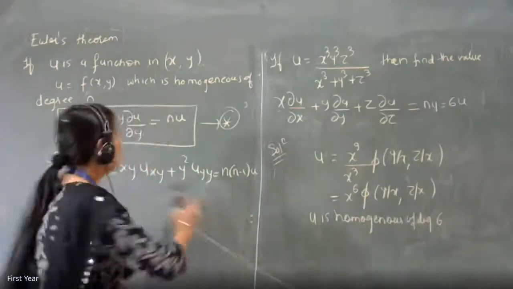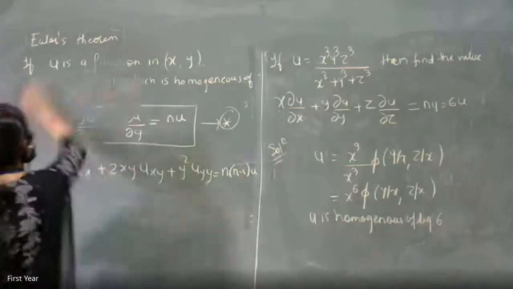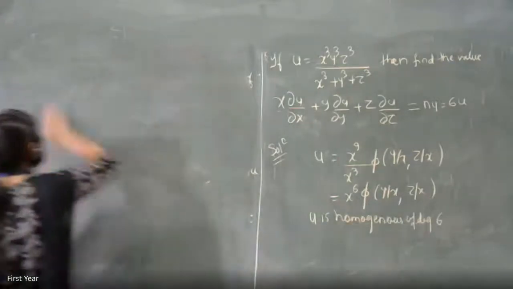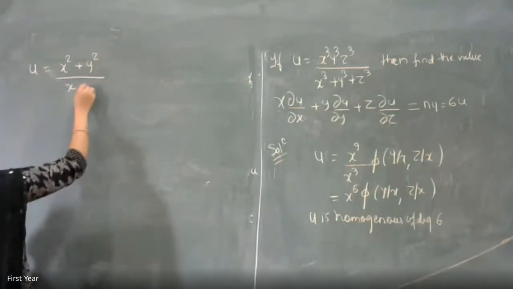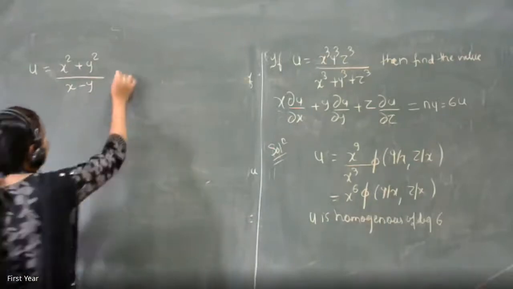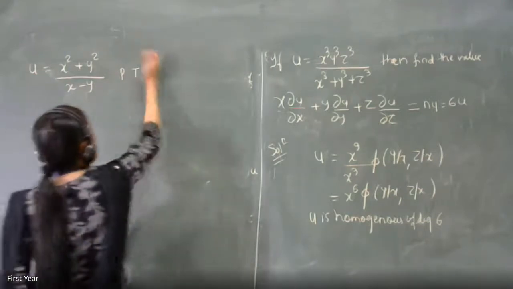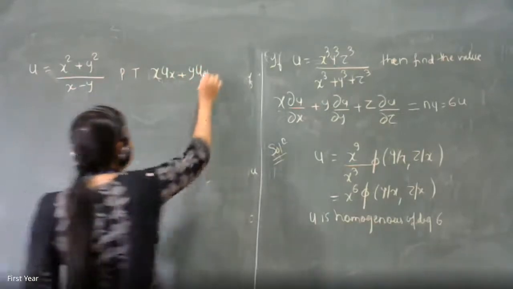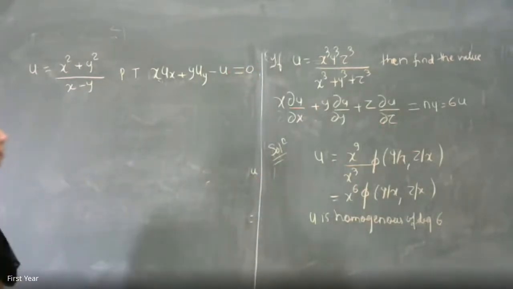If u is equal to x square plus y square upon x minus y, then prove that x ux plus y uy minus u is equal to 0.